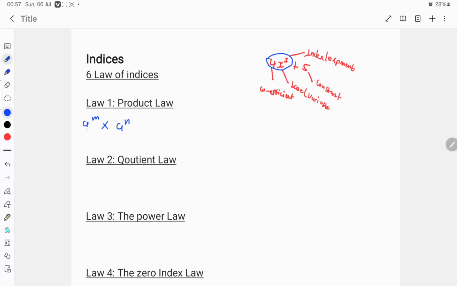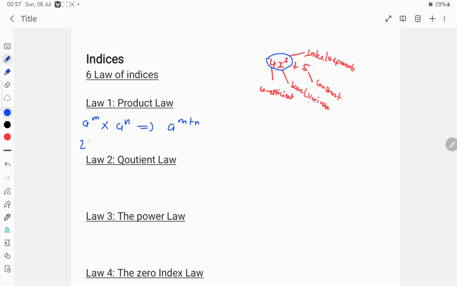Since the base are the same, the law says you can simply take 1 a and add up the index.